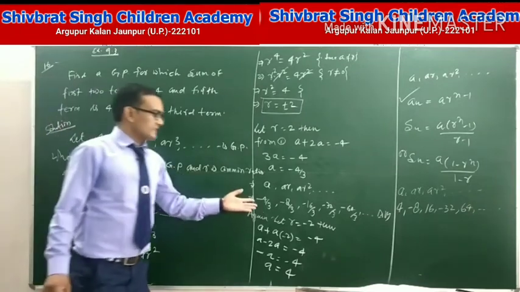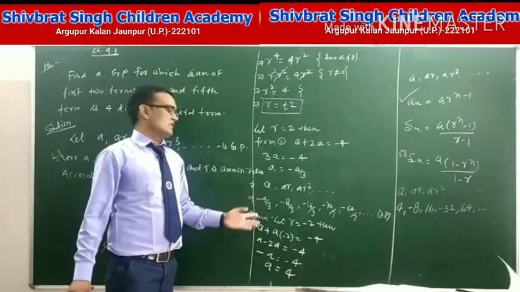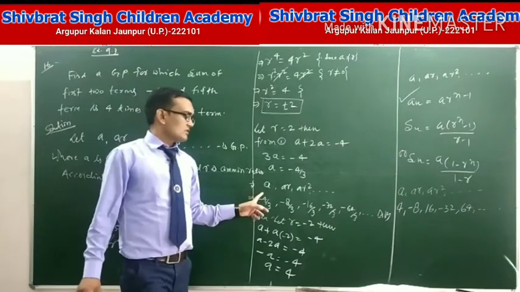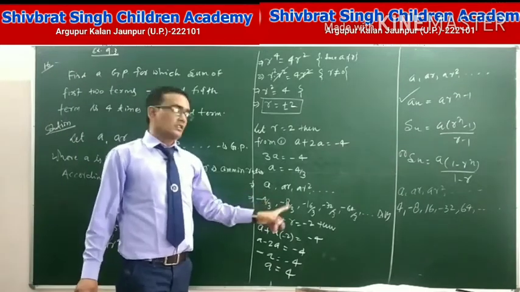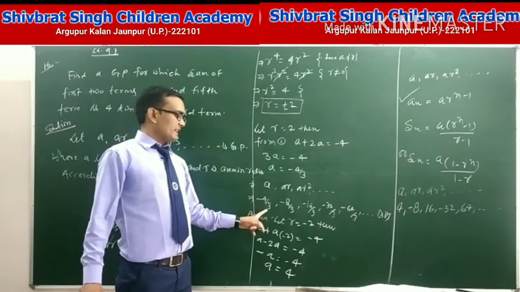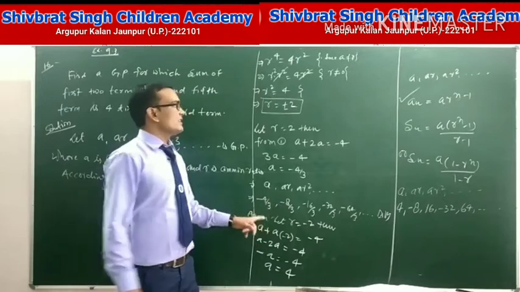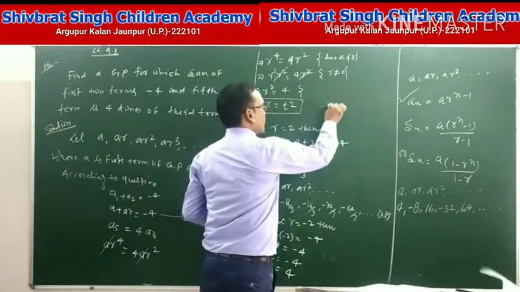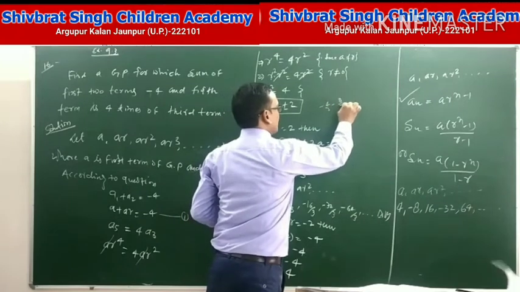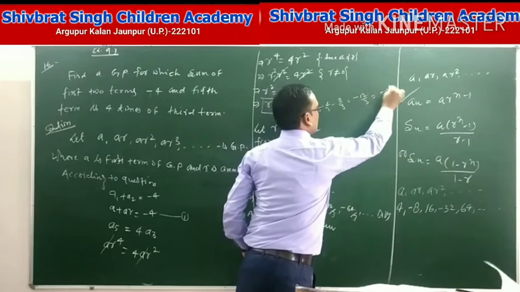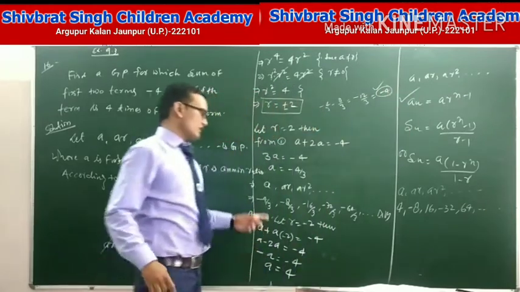The first GP satisfies the given two conditions. The first condition is that the sum of the first two terms is minus 4. Find the sum of minus 4 by 3 and minus 8 by 3. Minus 4 by 3 minus 8 by 3 gives minus 12 by 3, which is equal to minus 4. This is right. The first condition is satisfied.